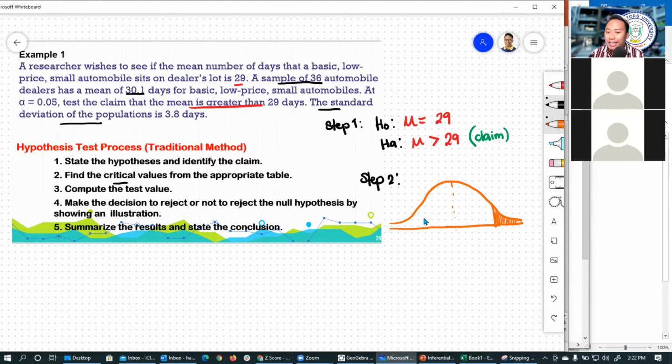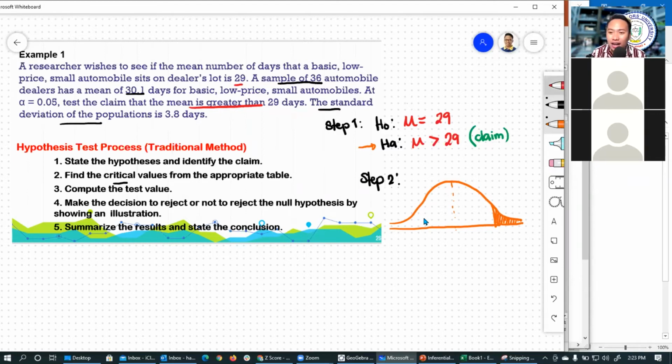Because the alternative hypothesis gives us an idea of which side of the curve we take the rejection area from. If you notice, the alternative hypothesis of your step 1 is using the greater than symbol. That means I should be looking at the right side of the curve because it's greater than. Right side. Okay?